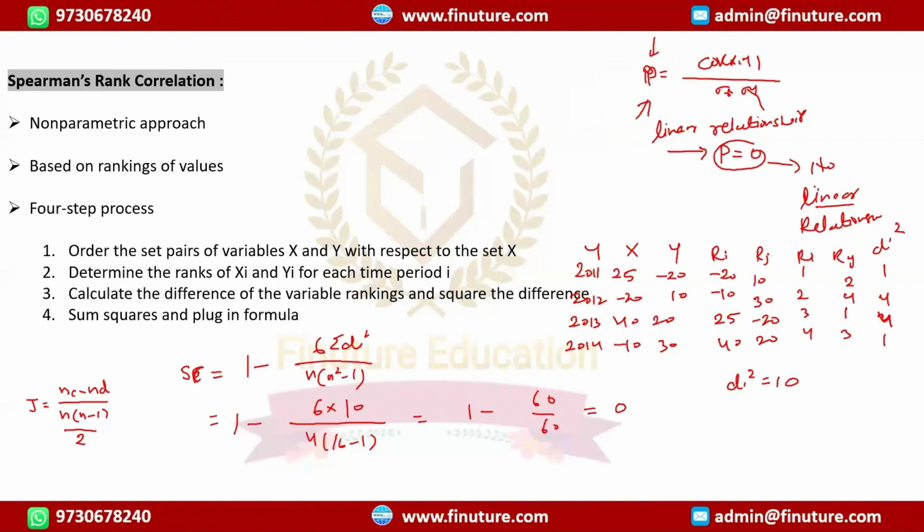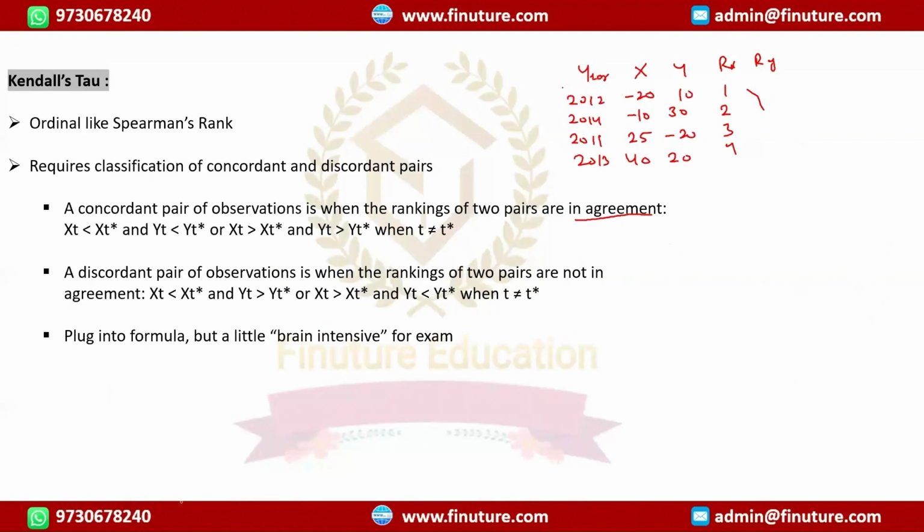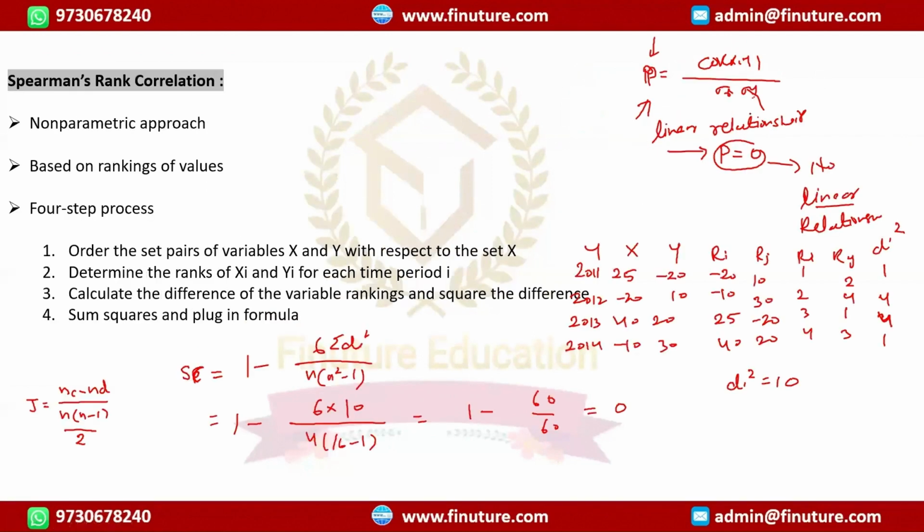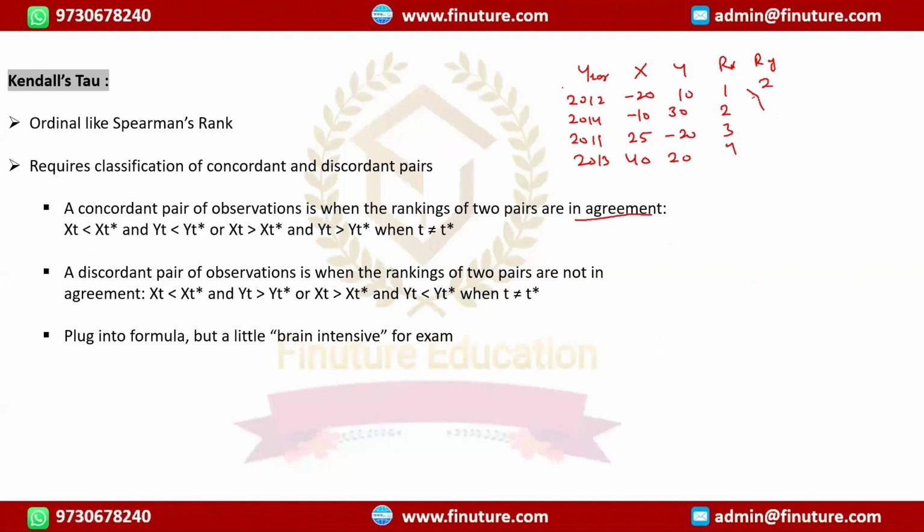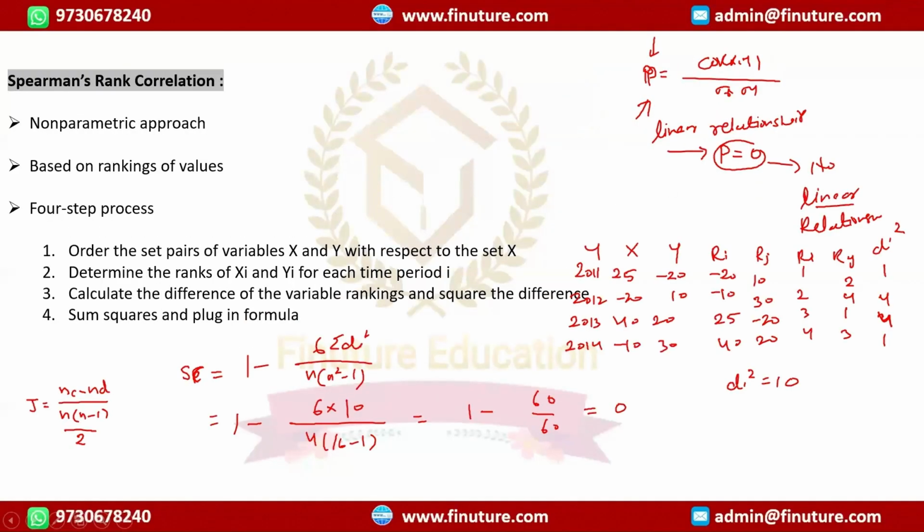Let me use the same 2, 4, 1, 3. So 1, 2, 3, 4 and 2, 4, 1, 3.